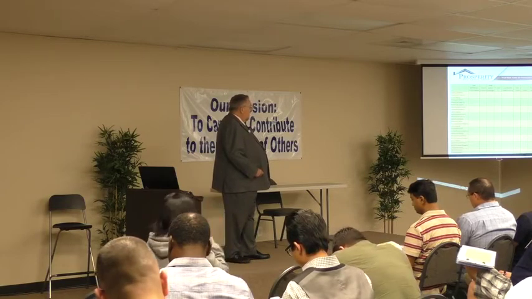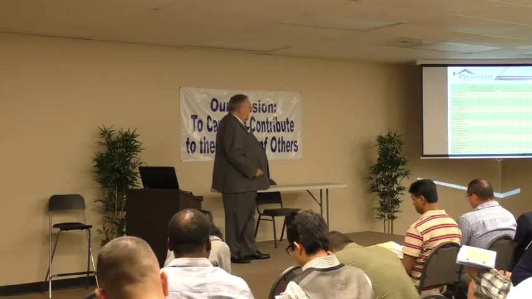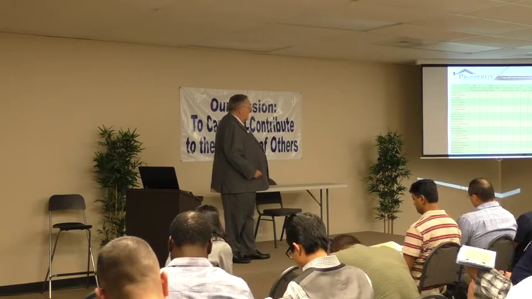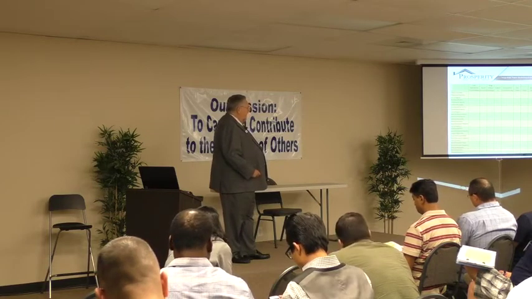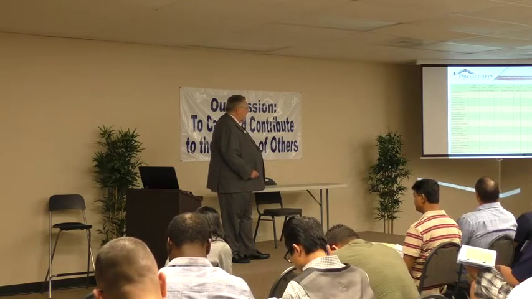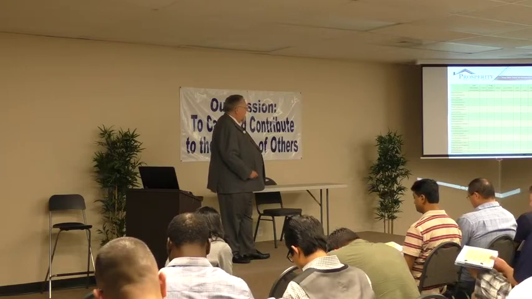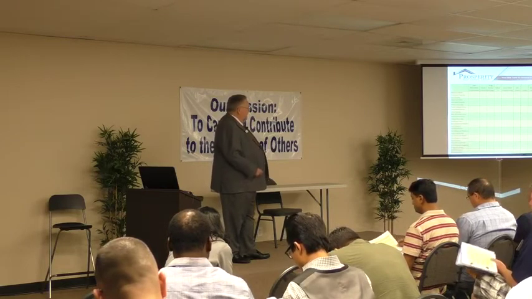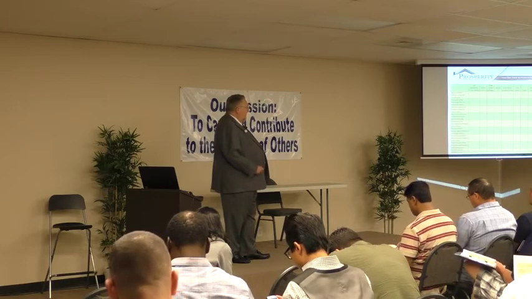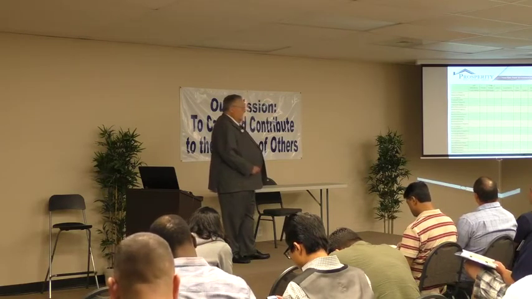Or a distressed seller with a non-distressed property with lots of equity, a distressed seller with a non-distressed property with little or no equity, a non-distressed seller with a non-distressed property with lots of equity, and a non-distressed seller with a non-distressed property with little or no equity. So those are 8 different scenarios where you're talking about the seller situation and the property situation and the amount of equity.